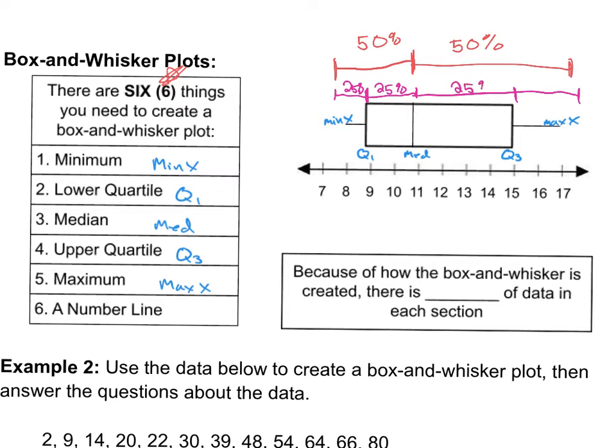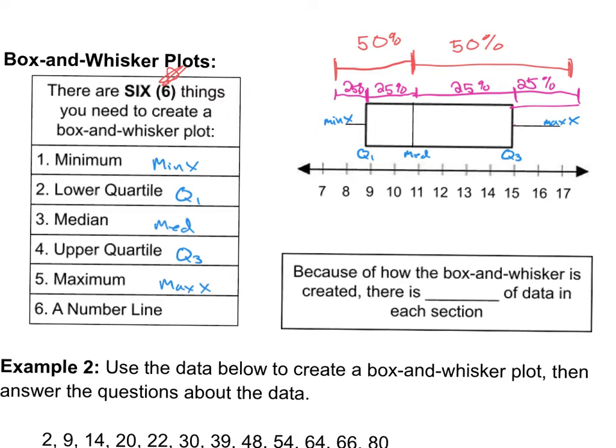Where if we look at this upper half, that is also going to be split in half by another median. And that is where our Q3, or our upper quartile, ends up. So what that really is telling us about this graph is that between 15 and 17, from here to here, that's the uppermost section.